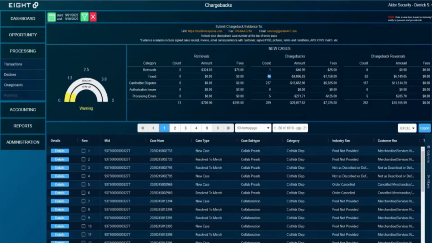A company should 100% of the time fight every chargeback, even if they have a good ratio, if it was a claim of fraud. So they're telling the industry, I don't agree with the customer. We did not create fraud or commit fraud. So you want to dispute that to tell the industry you don't agree.